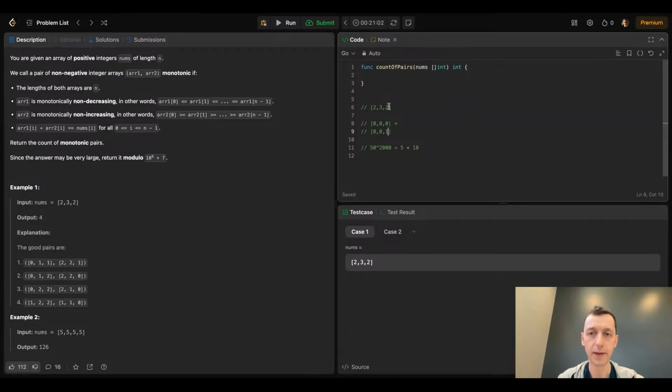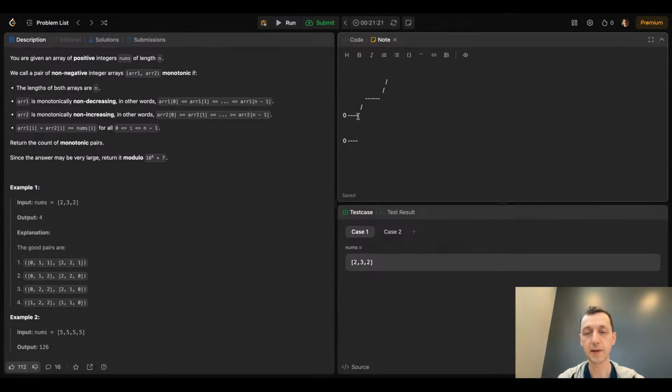The limit will be the input value, and then for all the other ones, the limit will be the number next to it. Oh, wait a second! The previous one cannot be bigger.